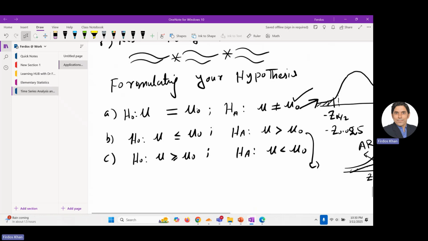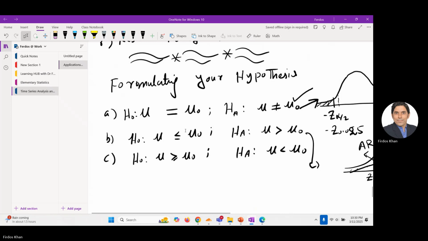The alternate hypothesis is mu is not equal to mu naught. Of course, the alternate hypothesis should be the opposite of the null hypothesis.